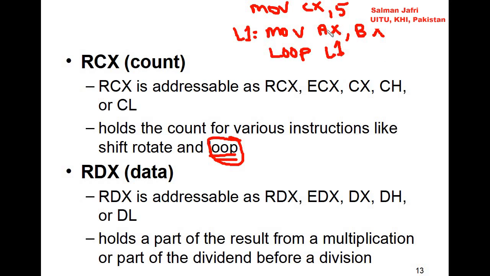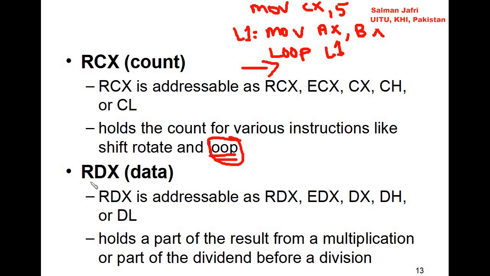Again we move to this loop. Decrement. CX becomes 1. Again we move to this loop. Now when we decrement CX, it becomes 1 minus 1, or 0. Since CX is 0, we don't go to L1, we execute the next instruction. So the loop instruction can be used as a loop counter.